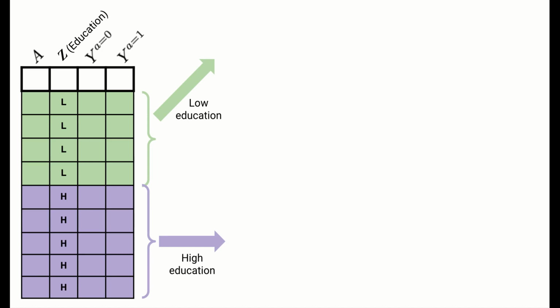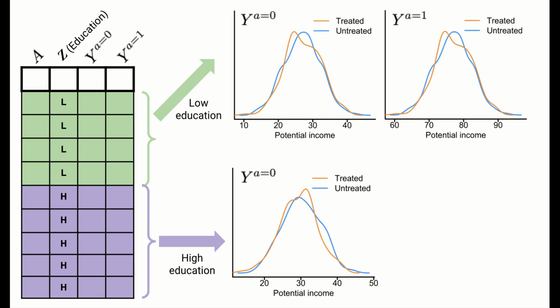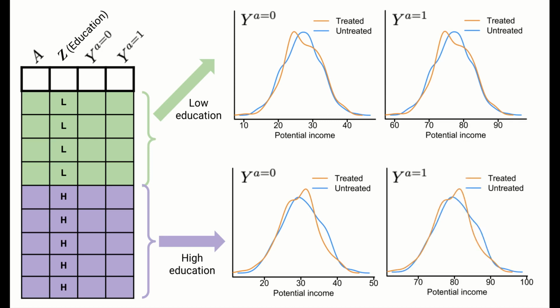If we zoom in and filter down to different subsets of the data, exchangeability holds within those subsets. Here we look at subsets of the data defined by education, the variable Z. For simplicity, education level has been recorded as either low or high, and for both of these strata, we repeat the process of looking at the distributions of both potential outcomes in the treated and untreated.